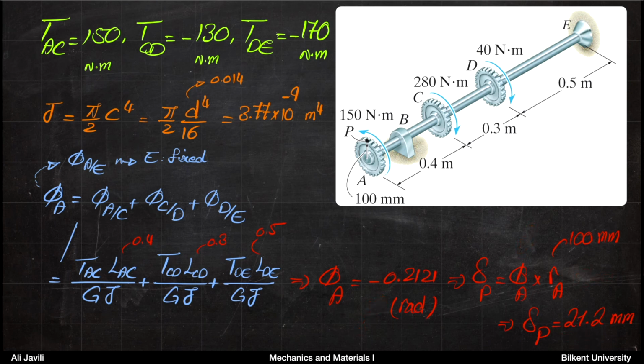So this would be 21.2 millimeter. And then again, it basically means it goes in this direction. Okay, so you get 21.2 millimeter as the displacement of point P.